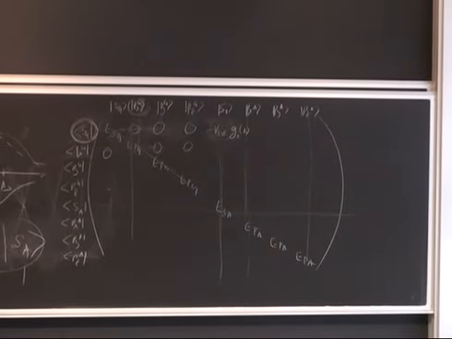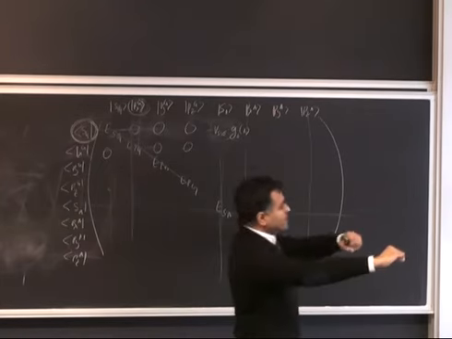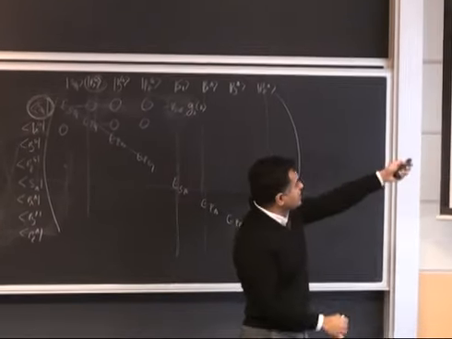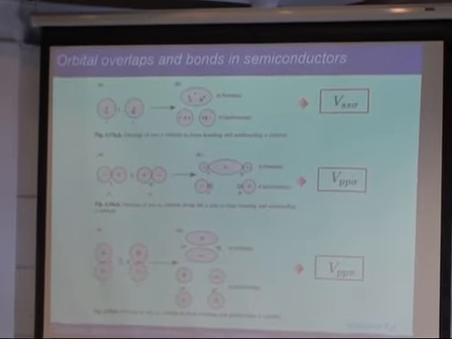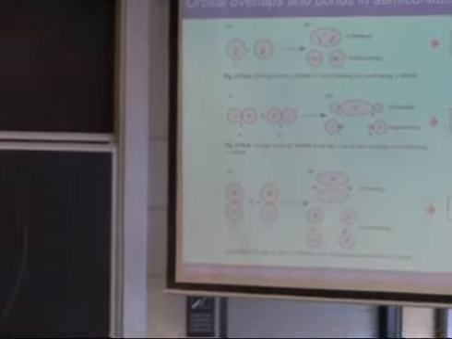Now for the p orbitals, there's a little more structure because s orbitals have spherical symmetry, so it makes life a little simple. But p orbitals do not have spherical symmetry. Right? So now p orbitals, you can bond them in two ways. You can bond them end to end. Right? This is a px. Let's say this is the x-axis. Here's a px. Here's a px on the two sides. It makes sense.